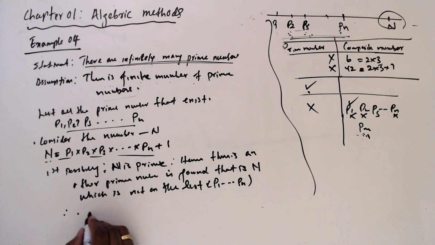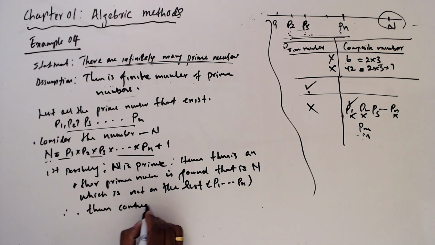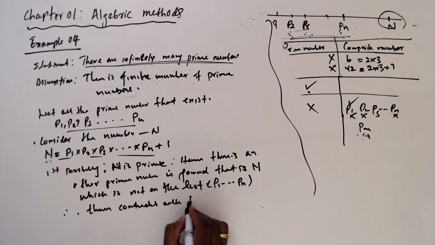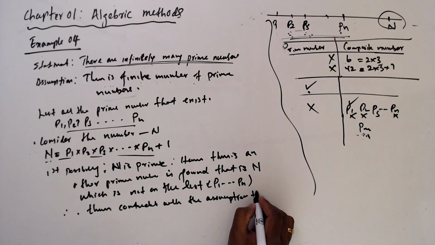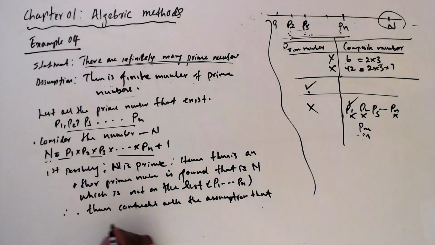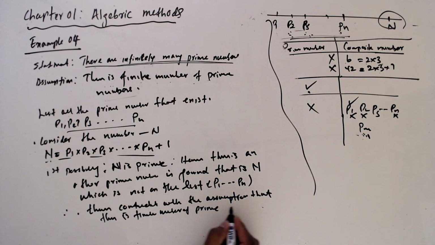Hence this contradicts the assumption that there is a finite number of prime numbers.